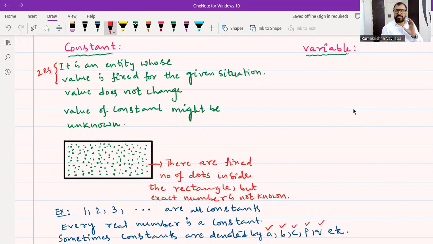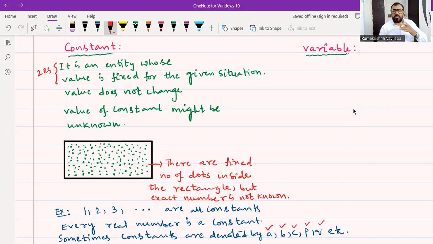Now coming to what is a variable. But I forgot to tell you one thing. For a constant, there is another example. In recent cars, you can find a cruise mode. When a car is moving, suppose you are moving on a highway, and you want to maintain the same speed.